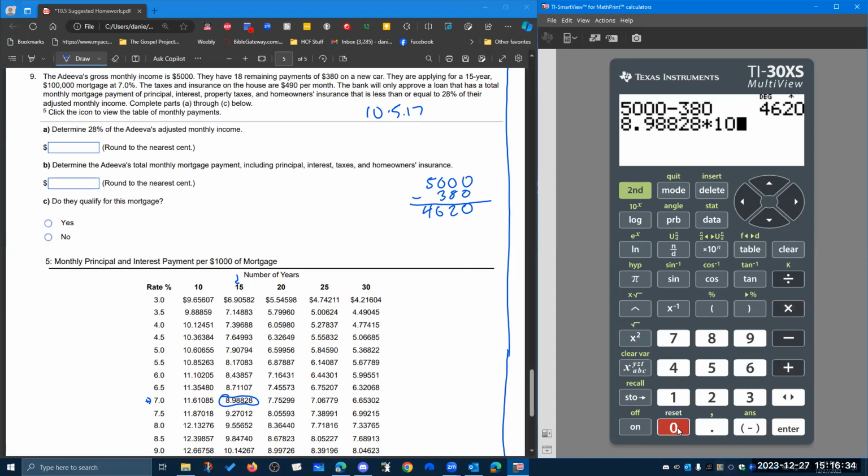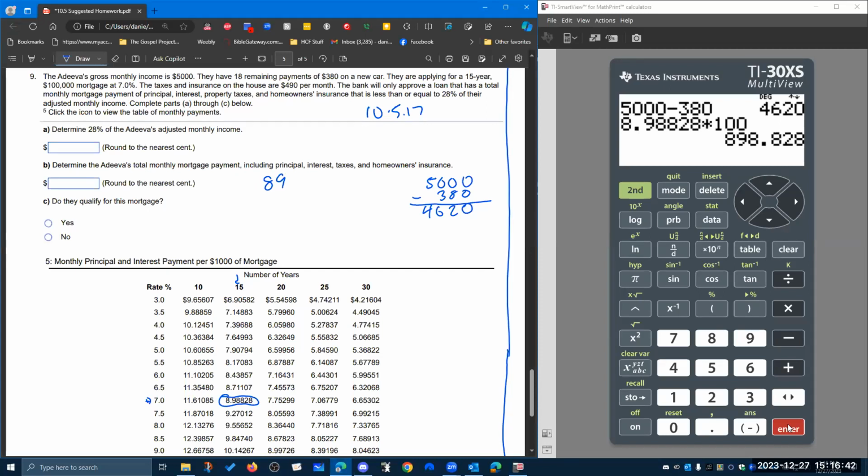Yes, this is a $100,000 mortgage. So let's just write this down. Call that M for monthly payment.